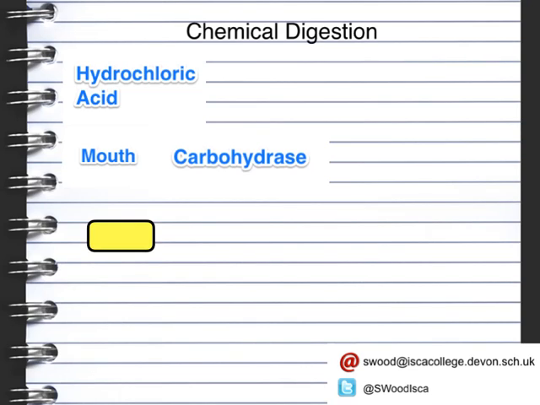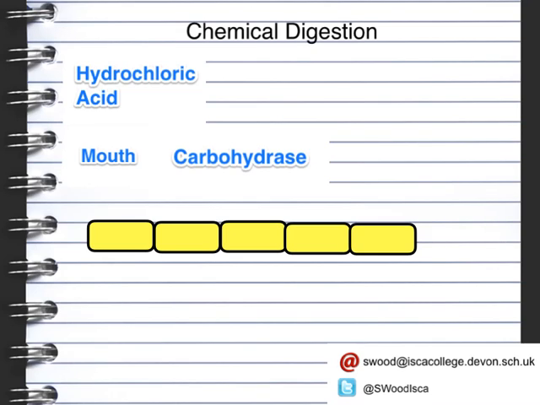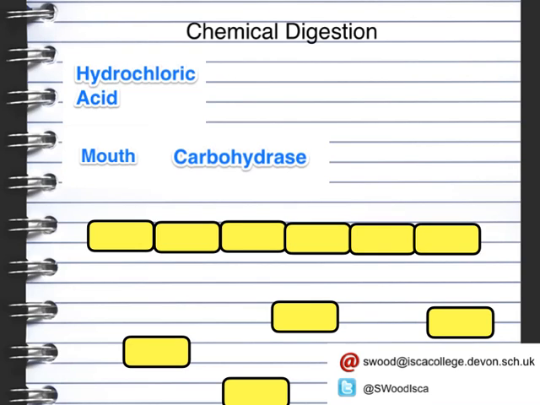A carbohydrate is a long chain of sugar molecules, and the enzyme breaks it down into individual sugar molecules. So we start with the carbohydrate here, and then we end up with the sugar. Now this happens in the mouth.